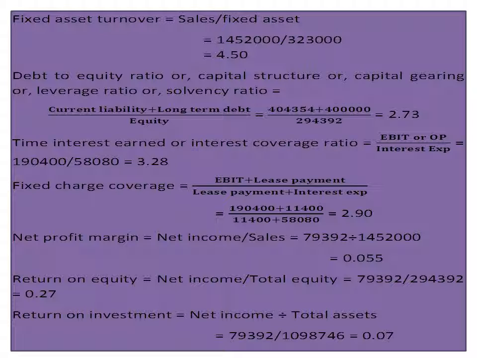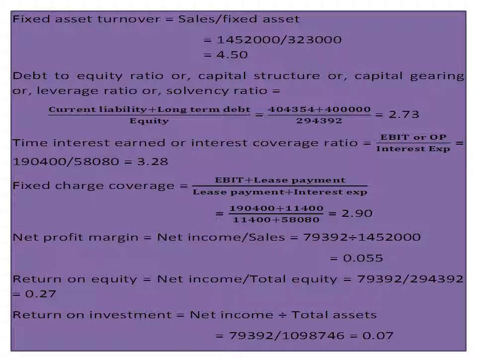Debt to equity ratio, or capital structure ratio, or capital gearing, or leverage ratio, or solvency ratio are the same. That equals current liability plus long-term debt divided by equity. Here we have seen 2.73 is the debt to equity ratio.